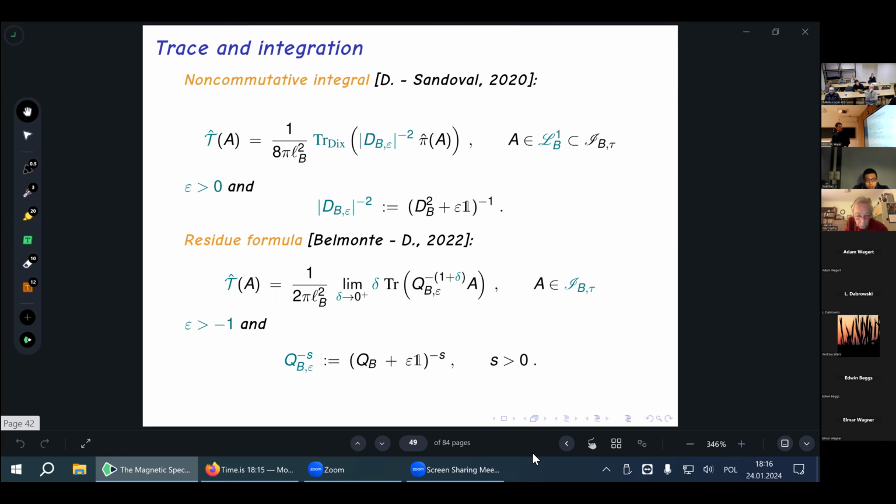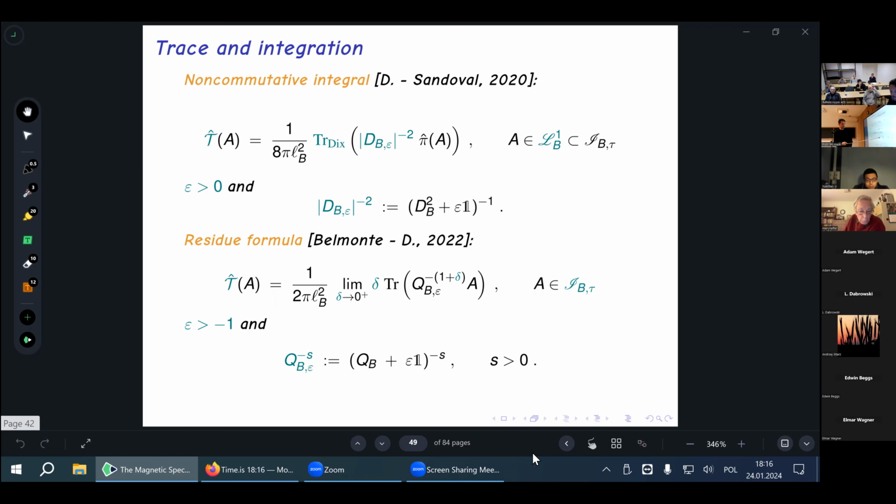We can do something in the same spirit. For the moment we renounce the Dixmier trace, and we can also compute this trace per unit volume as a residue formula. What we can prove is that we can take any operator in the domain of the trace per unit volume and multiply it with a power of the inverse of the harmonic oscillator, at -1 plus delta.